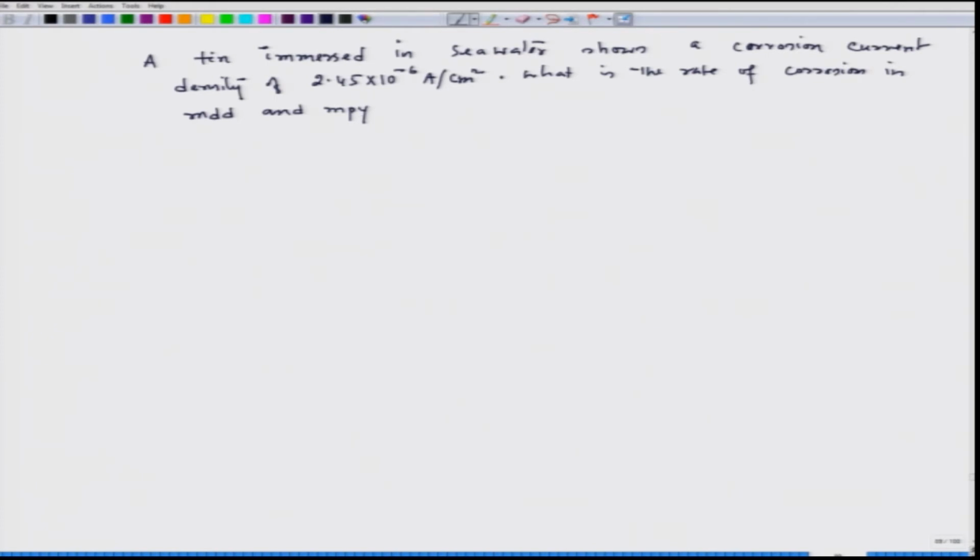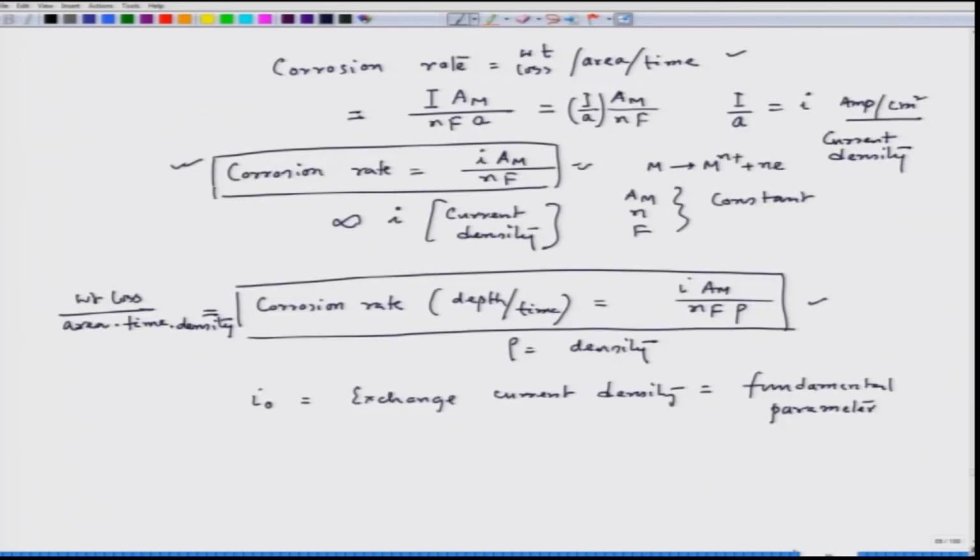Now, in this particular problem we have used a corrosion current density. If we go back and see this formula, the corrosion current density is nothing but the current density at which the dissolution is taking place.